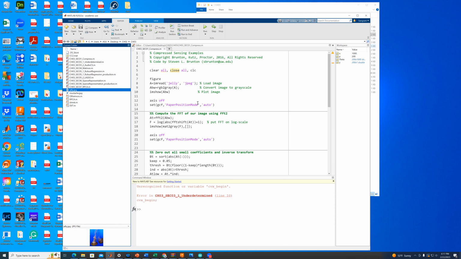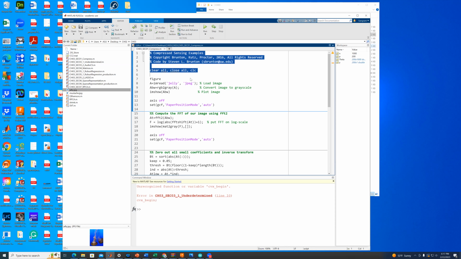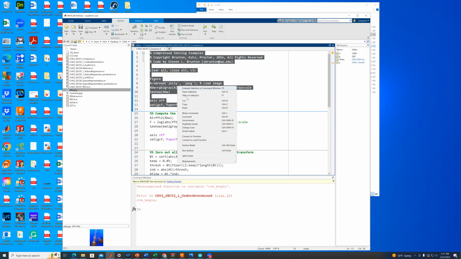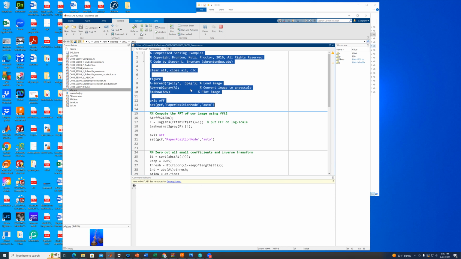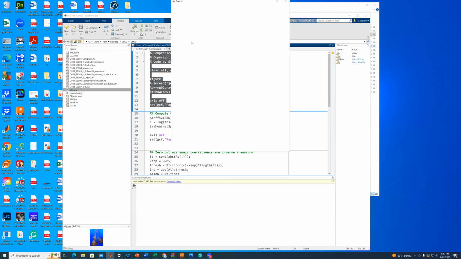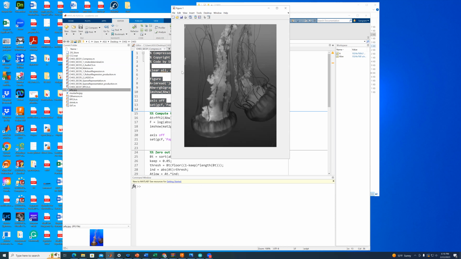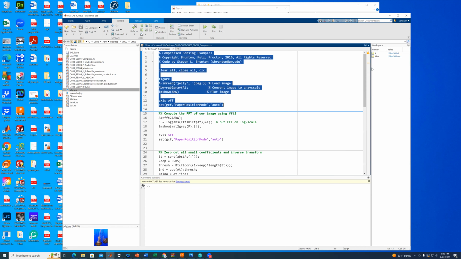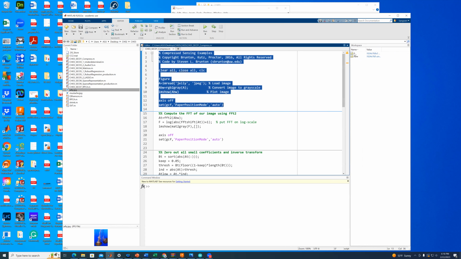So let me start. First and foremost, I'm going to run this part of the code. And once I run this code, I see the grayscale image. I want you to look at the A matrix and ABW.